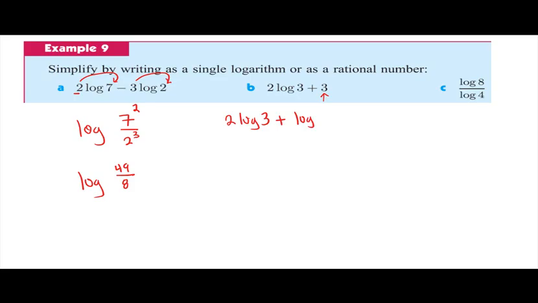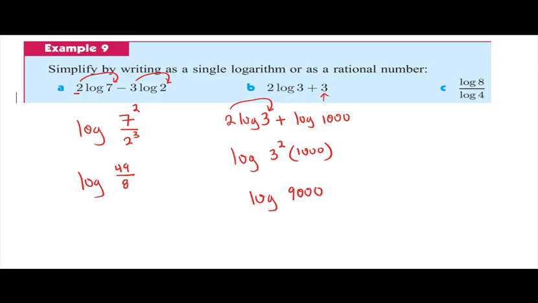Well, 10 to the third power is 1,000. So this has to be 1,000. Then when we condense it, this 2 becomes the exponent. So we would get log of 3 squared times 1,000, which gives us log 9,000.